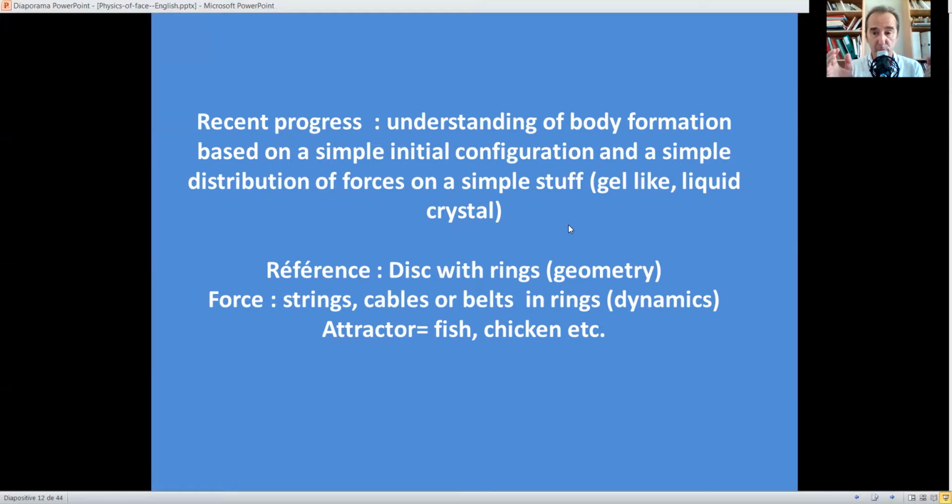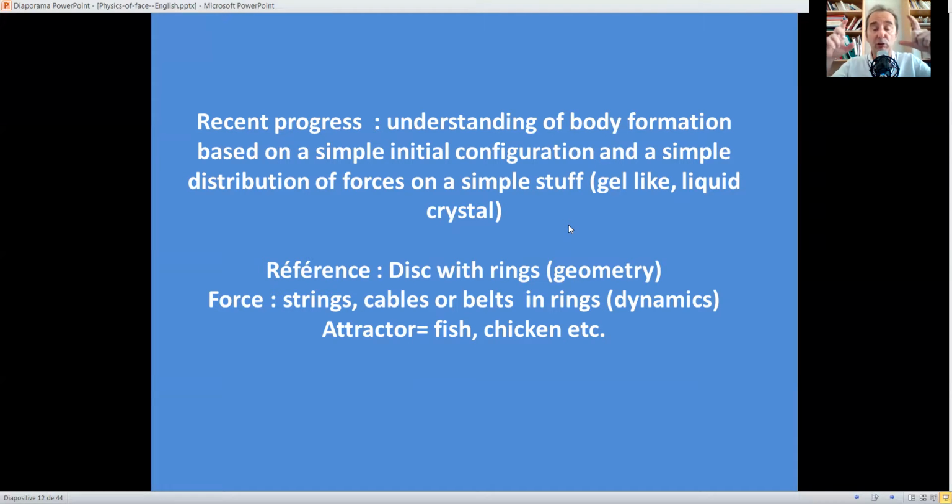The distribution of forces is much simpler than expected, and the stuff is simpler than expected. So roughly, the stuff of which the embryo is made is a gel, slightly liquid crystal-like, but it's a gel. And the reference configuration, the starting geometry, is a disc which has rings inside, like 3 rings. And the forces, the embryo is making itself, it's not made from the outside.